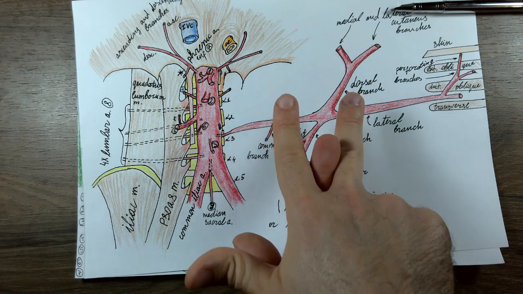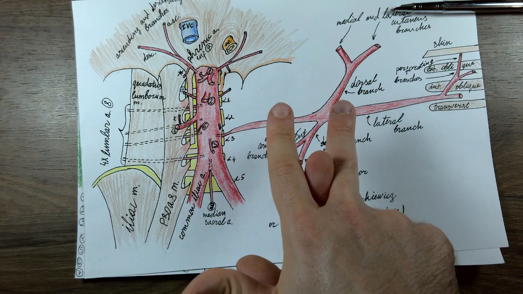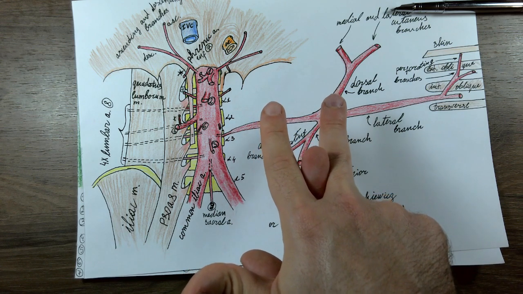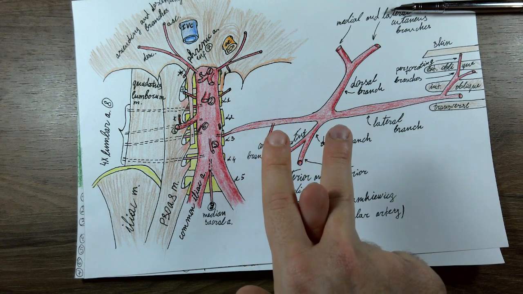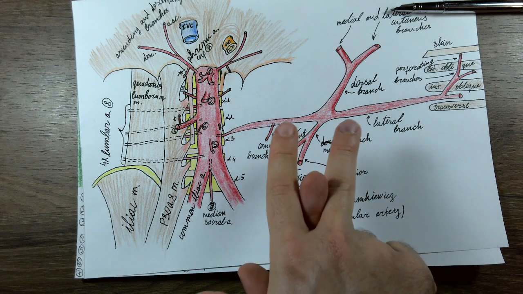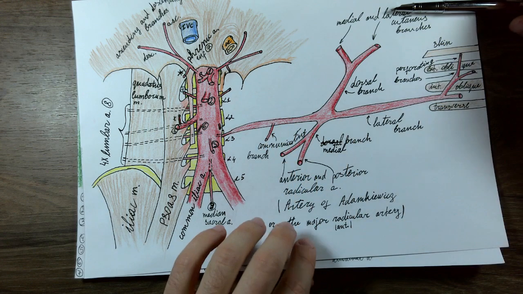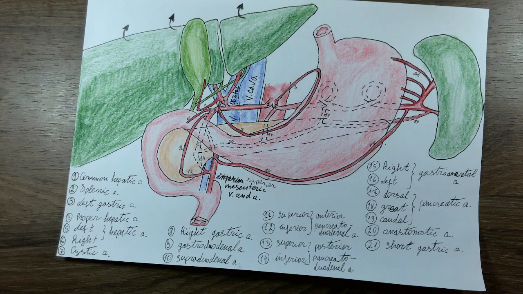Most likely the ligament pushes over the celiac trunk, and this would lead to ischemic conditions of the organs which are being supplied by it. And at this point, you know which organs those are. This is known as the celiac trunk compression syndrome.